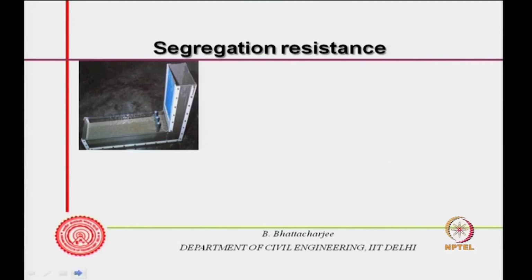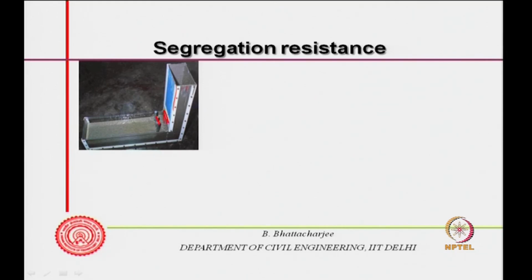So, it will look like this. This is the L box. You fill it, there is a gate here, you close it, there are obstacles here, bars here. The gate remains closed and you fill in the concrete in a standard manner, keep it there for 1 minute or so, and you can judge whether there is segregation or not.